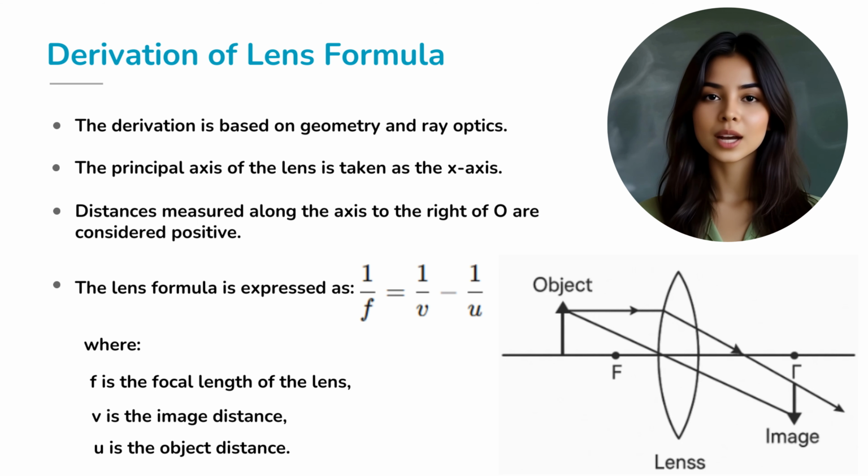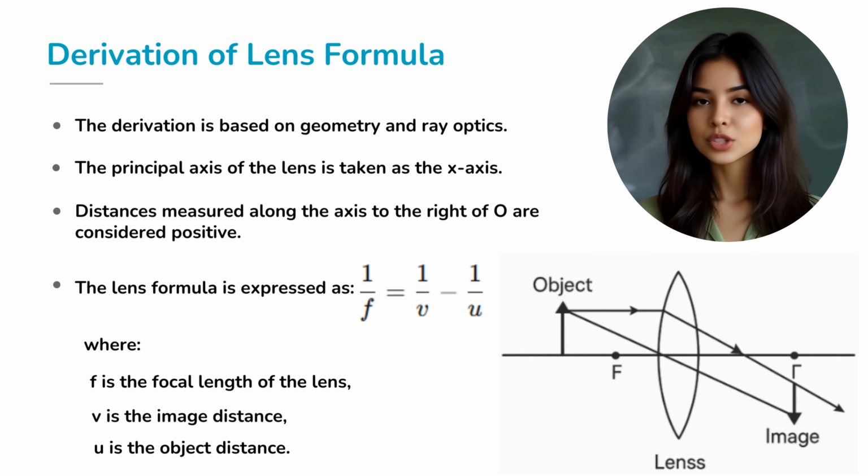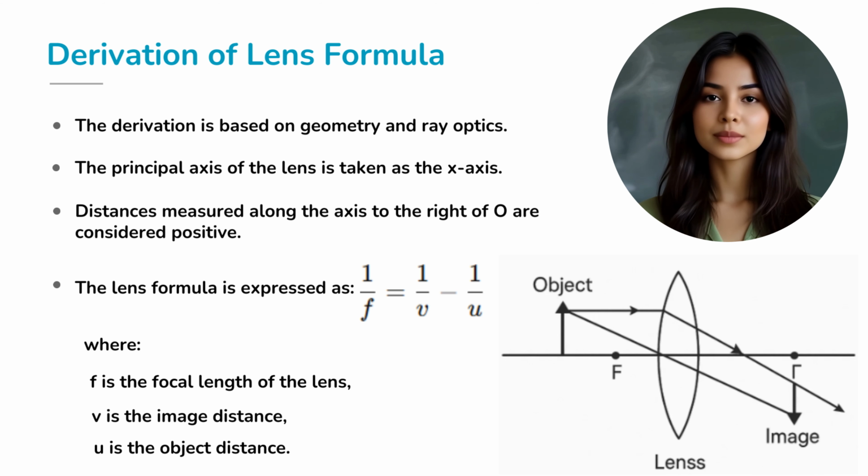Think of it as the highway along which all distances are measured. Here's the important sign convention: distances measured to the right of the optical center O are considered positive, while those to the left are taken as negative. This keeps everything consistent and prevents confusion when we do calculations.